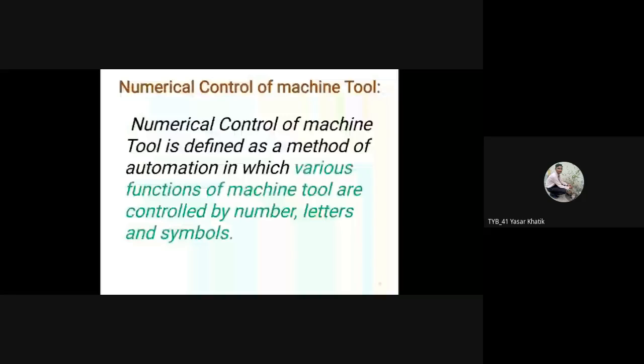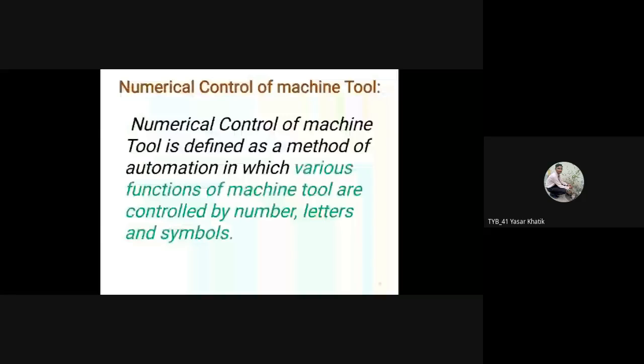T01 belongs to drilling, whatever you have made in programming. In that programming, you have already mentioned that tool number one is for drilling, tool number two for whatever operation is required for that part. Whatever tools are on the turret, we have to call that tool for that particular operation.